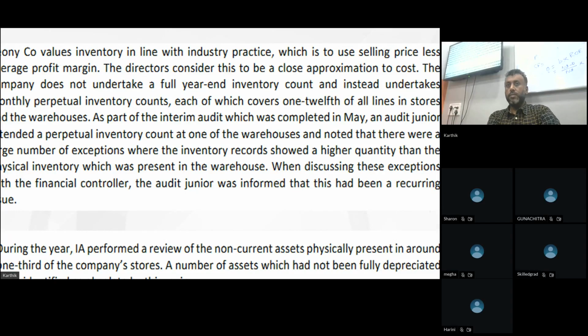The difference between the actual value and the given value. Okay, but how will you know which is the actual value? As an auditor, how will I know what the actual thing should be? Think, slightly think a little bit extra.